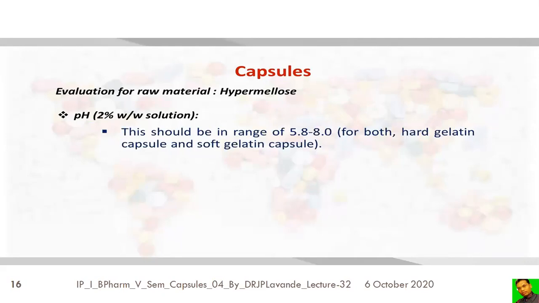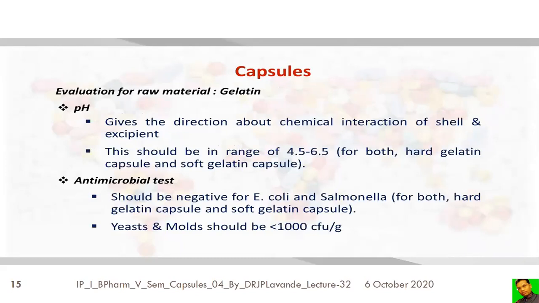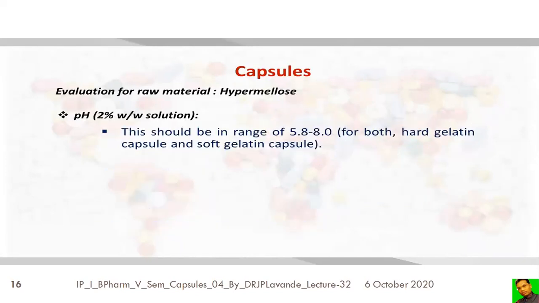If the pH is related to gelatin, it should be between 4.5 to 6.5, that means toward the acidic, and in case of hypromellose the pH should be 5.8 to 8. So that should be near 7, the intermediate point.